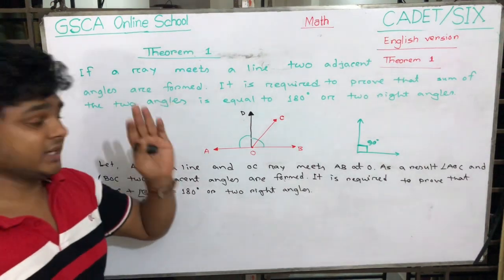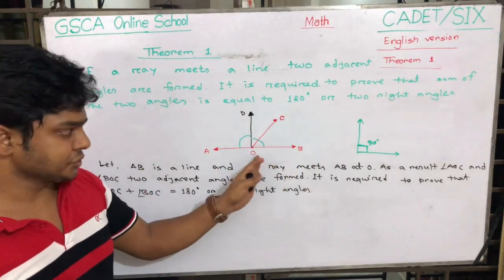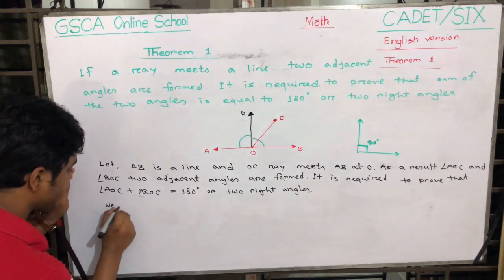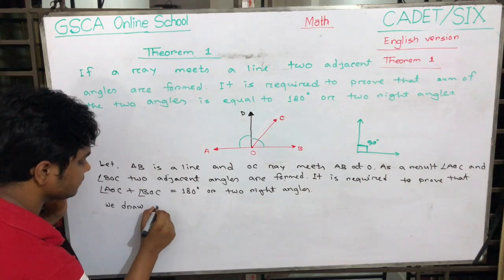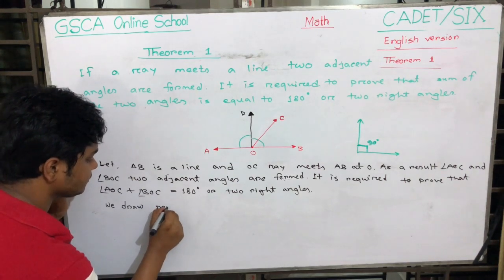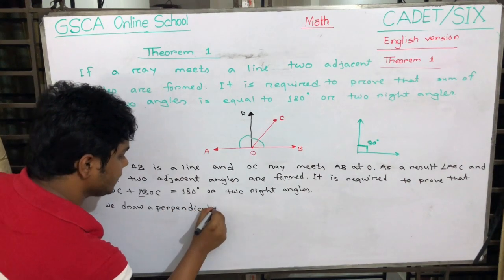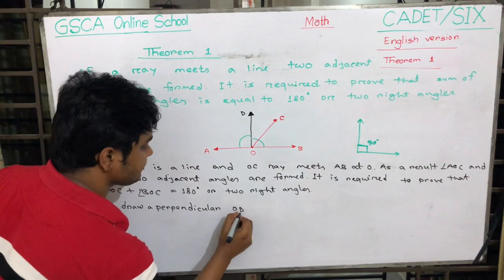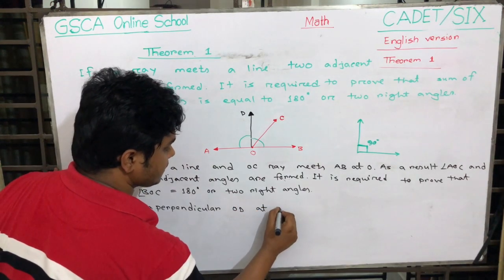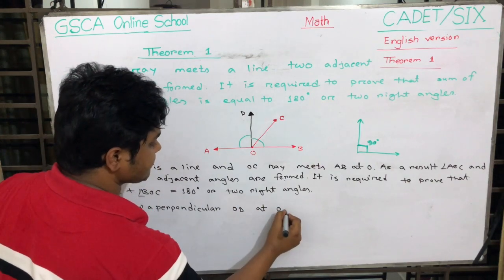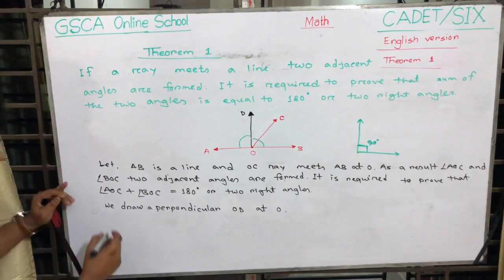So what have I told you? For proving purposes, we'll draw a perpendicular on AB at O. Okay, we draw a perpendicular OD at O. Now the proof.